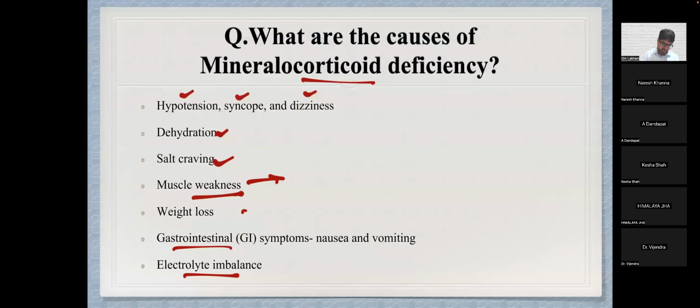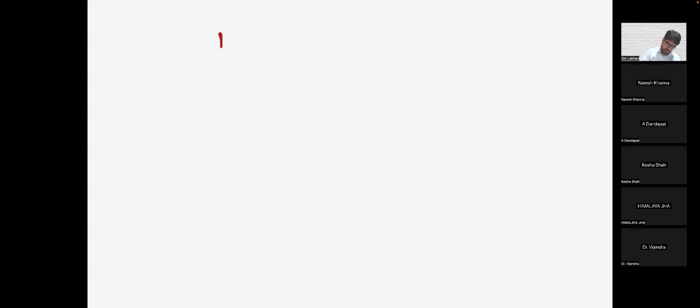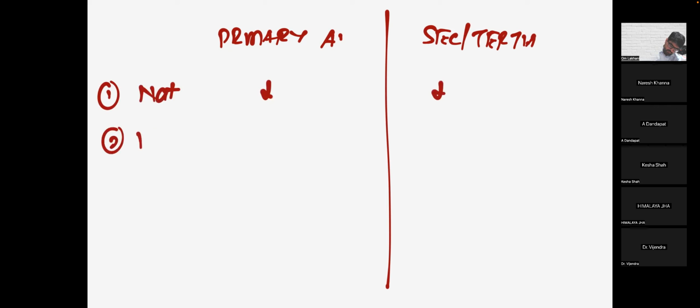So again, in terms of differentiation between primary adrenal insufficiency versus secondary or tertiary, few things you have to see here. First of all, the sodium. Sodium is low in both situations, but potassium, patients often have hyperkalemia here, but here the potassium will be normal, sometimes even low.